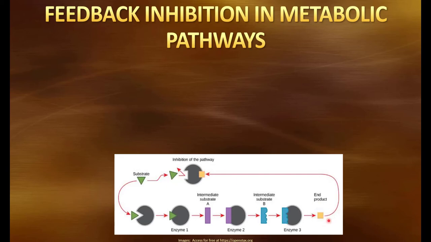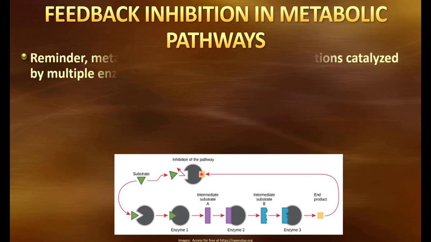So when we have a buildup of end product, we turn off one of these enzymes that happens early in the pathway and essentially shut down this machinery temporarily. Once we start using up this product, then obviously the concentration of this product will start to go down in the cell, and this will then make it so that the enzymes work again because they won't be bound to these enzymes.